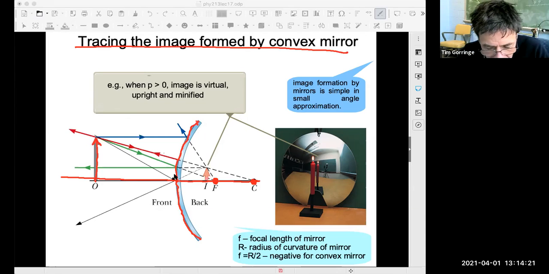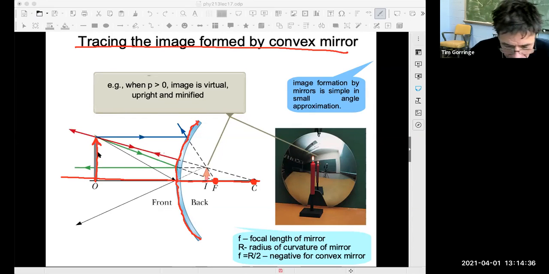And that's in front of the convex mirror. And we're interested in, again, where is the image formed? What does the image look like for this tree or this person or whatever? So again, we're going to draw several rays to find out where the image appears to be and the properties of the image.